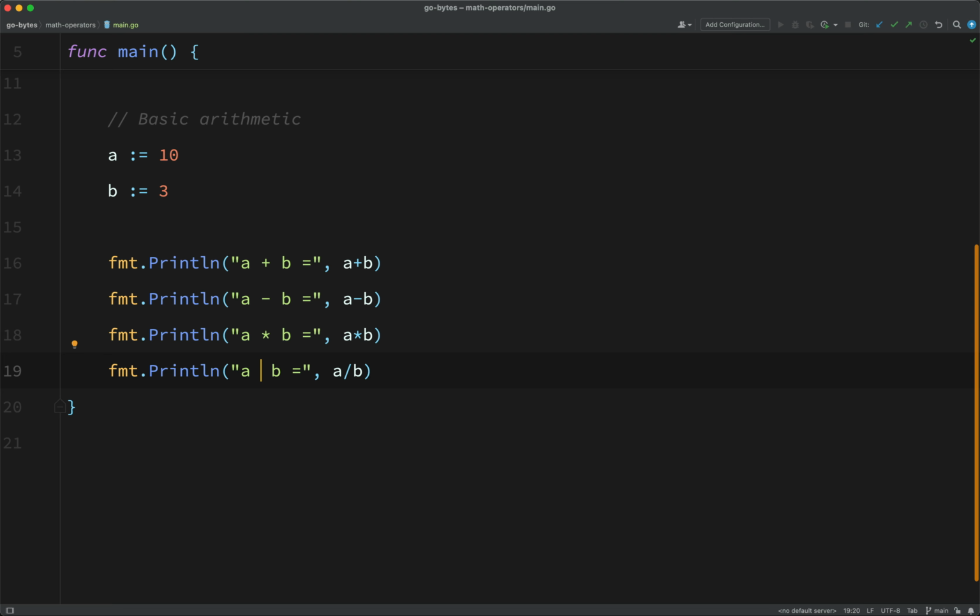Now, in real maths, you would expect to see something like 3.33333. But here, because both of these are integers, when you divide an integer by an integer, we're expecting an integer value.